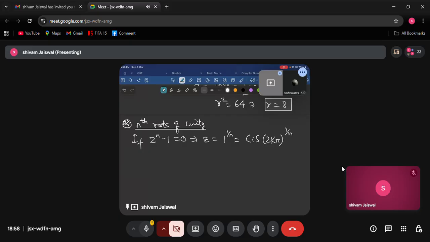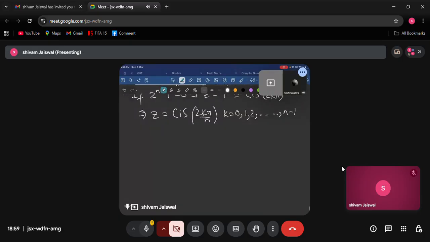So z is equal to cis 2k pi by n, for k equal to 0, 1, 2, up to n minus 1. These are the nth roots of unity. They will lie on a circle of unit radius.